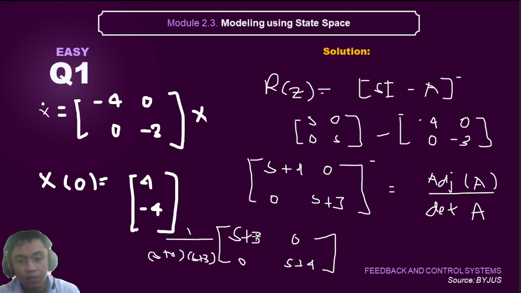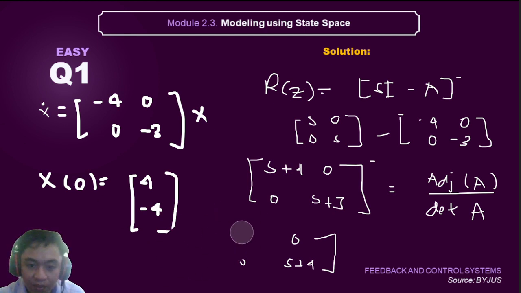If we multiply that to every element of this matrix, this is simply going to be 0, and this is still going to be 0. But this will cancel out and leave this, and for this one it will cancel this out and leave this. So let's straight up simplify it. It's going to be 1 over s plus 3.